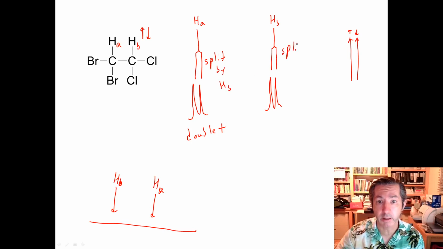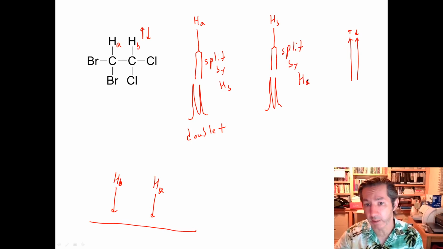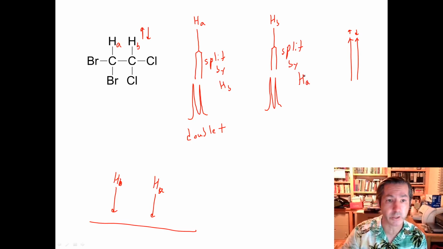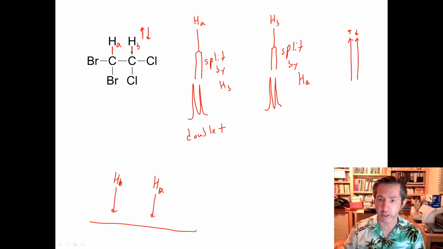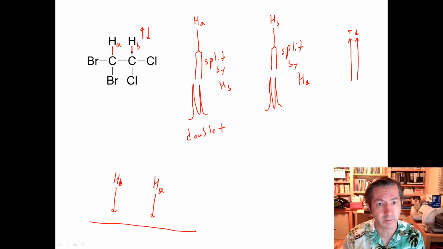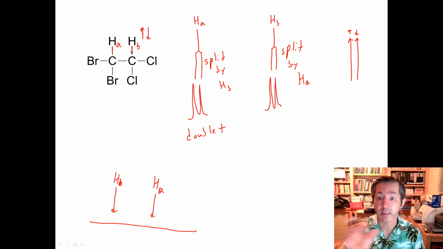HB is split by his neighbor. Remember, neighbors will communicate with each other, so it's always a two-way street. So you have HA who lives on this carbon, HB who lives on this carbon, and they'll talk to each other across their white picket fence or whatever. And so that splitting will occur, and you can actually tell how many neighbors are next door by the splitting.